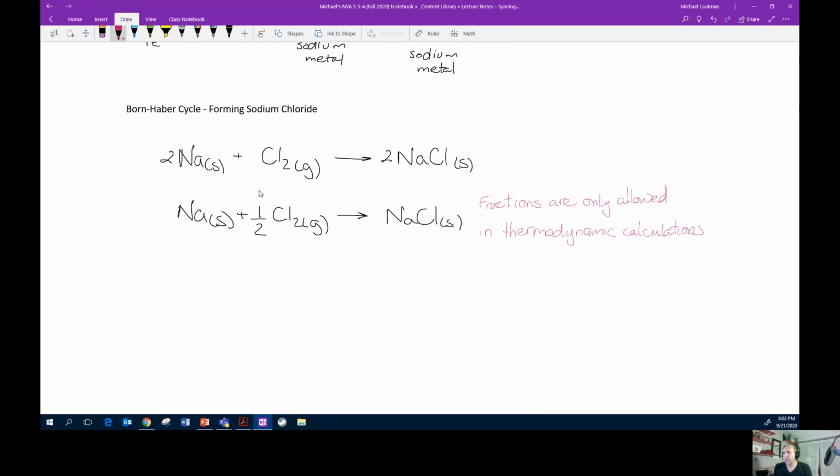So we're going to start with this reaction here. And the energy associated with this reaction is the delta H of formation, or the enthalpy of formation.